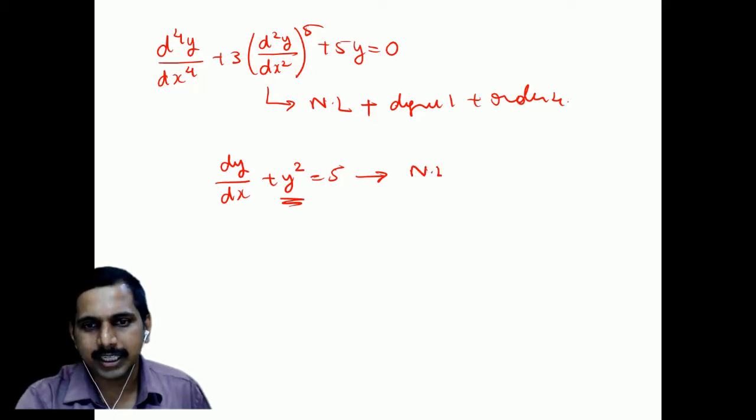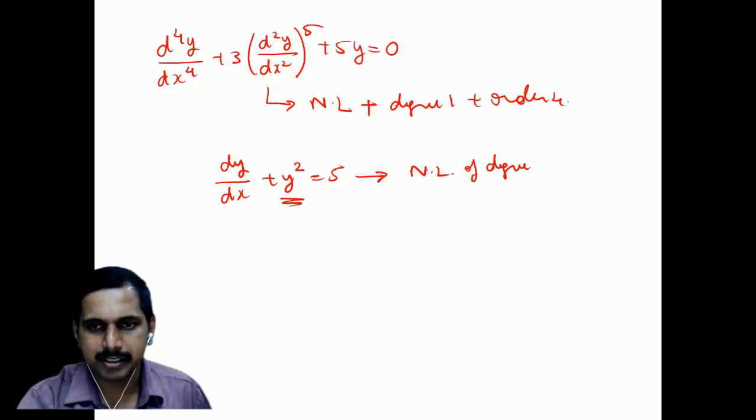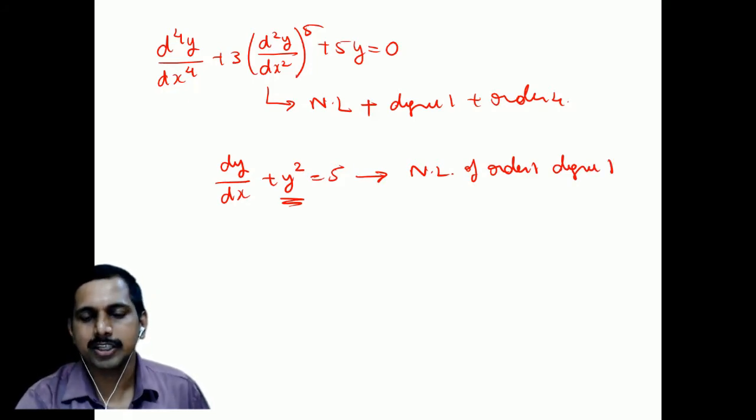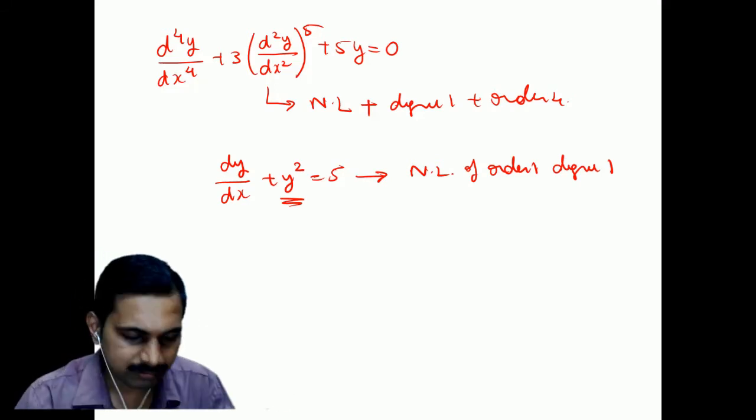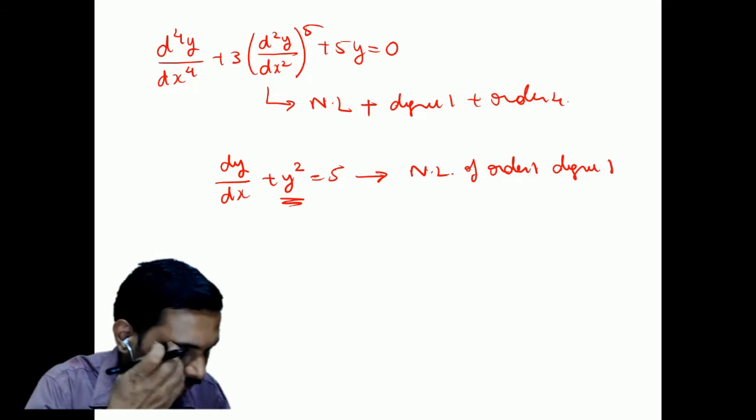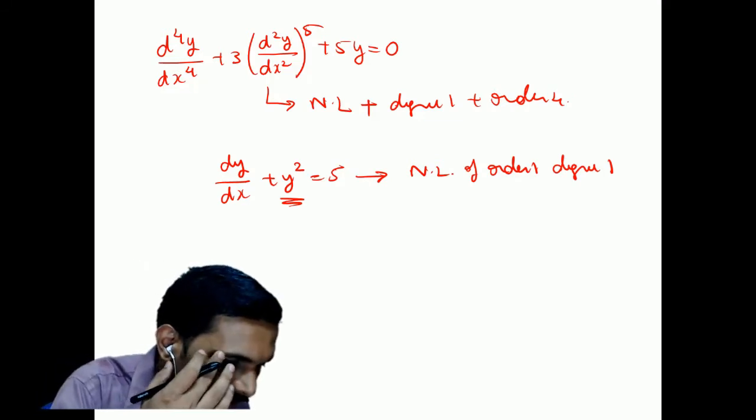This is a non-linear differential equation of degree 1, order 1. Correct? This is a first order differential equation of degree 1. Easy? Clear? Simple? Next, let us do some.